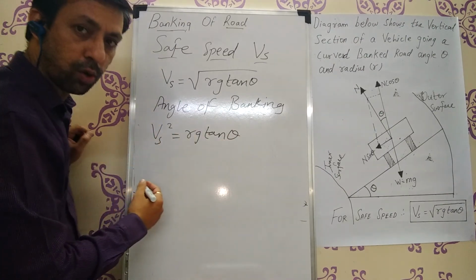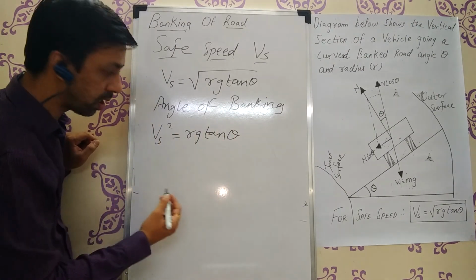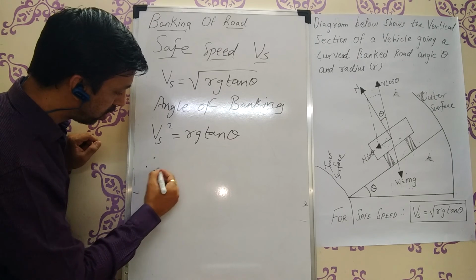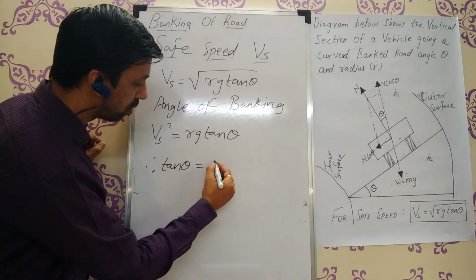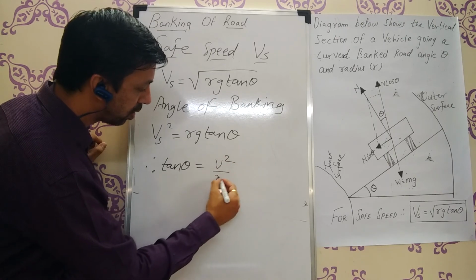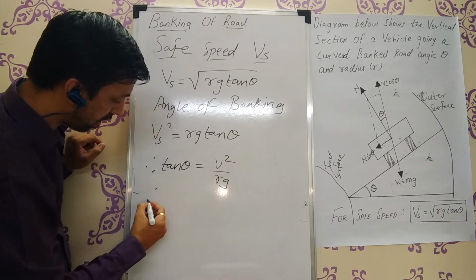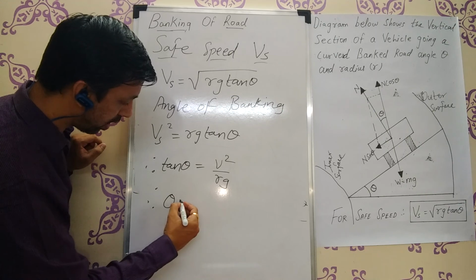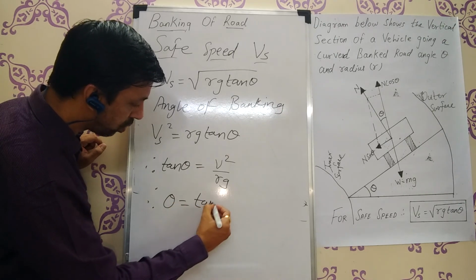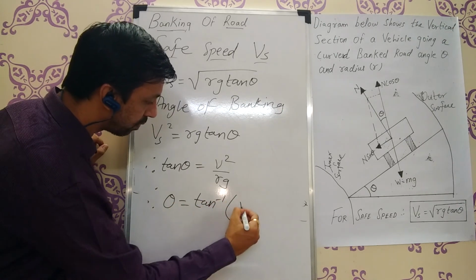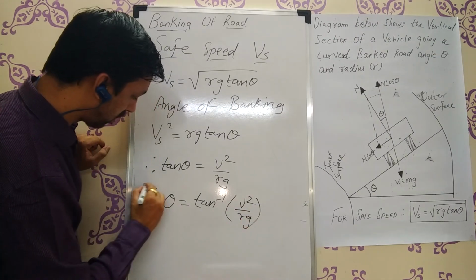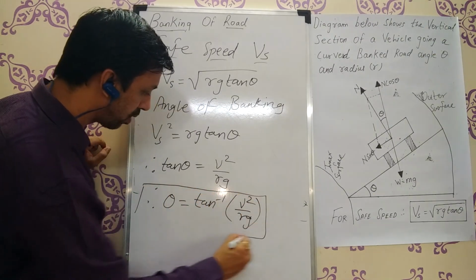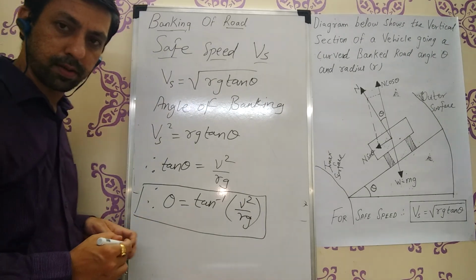I will take tan theta on the left side and everything else on the right side. Therefore tan theta is equal to v square upon rg. Therefore theta is equal to tan inverse of v square upon rg. So this is the expression for angle of banking.